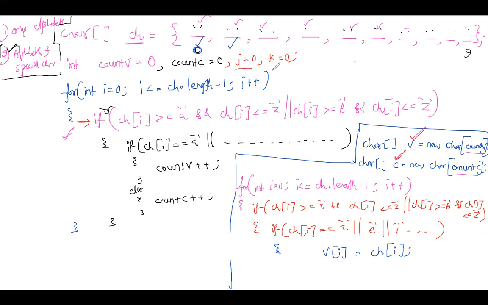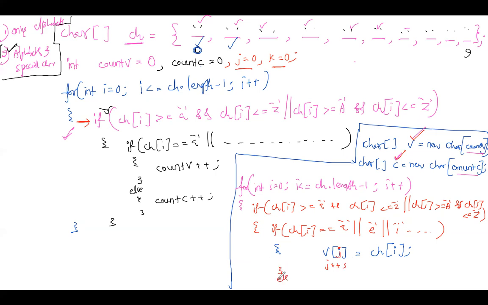So can I use one of these two? Yes, so here I'm using V of j. After copying the element into V of j, what has to happen to j? j has to be incremented for the next element if it is coming. That's what I'm writing here. j plus plus. End of my if.